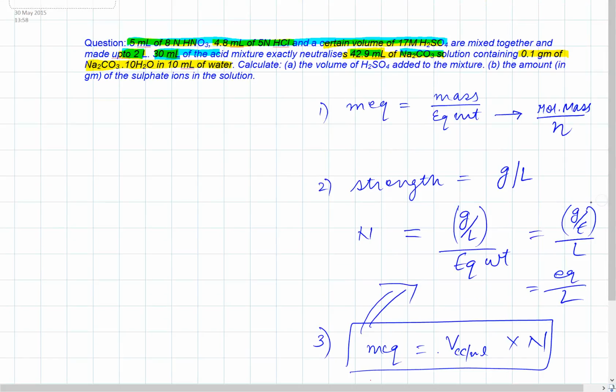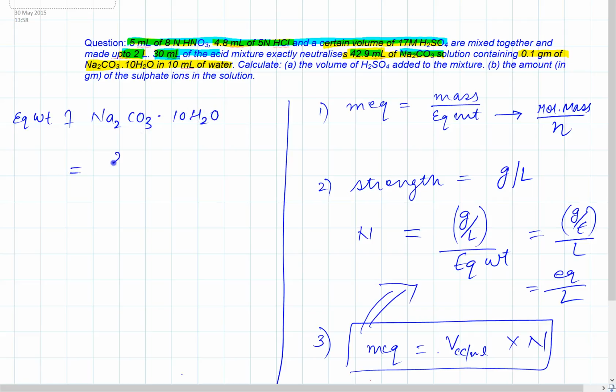Now given that, let's try to analyze. Let's start with Na2CO3. The equivalent weight of Na2CO3.10H2O will be equal to its molecular mass, which is 286 grams, divided by its n factor, which is 2. And this comes out to be 143 grams.